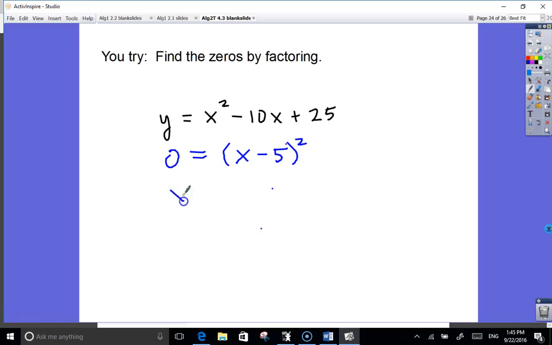So what is the only zero? And again, what does that tell you about the graph of the function? The vertex is right on the x-axis, right?